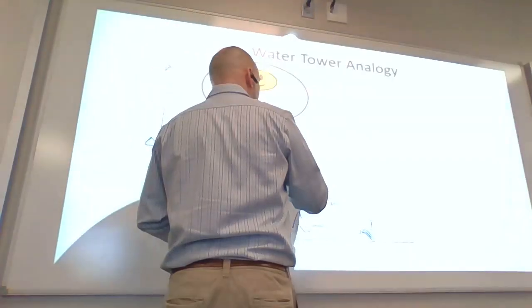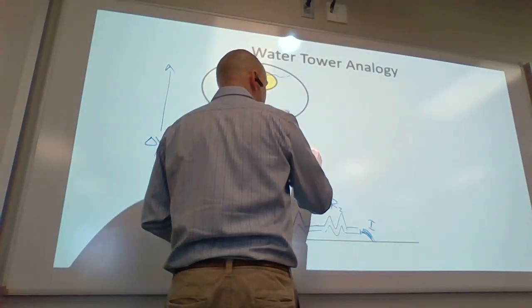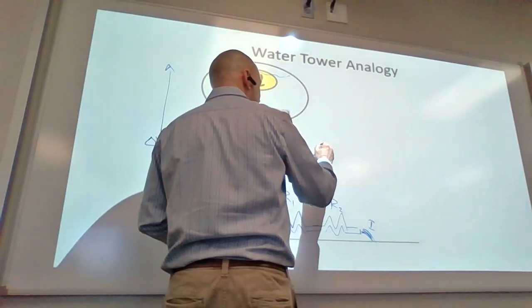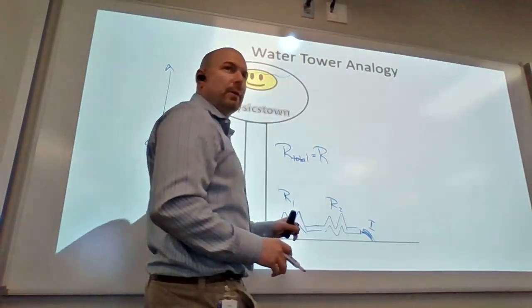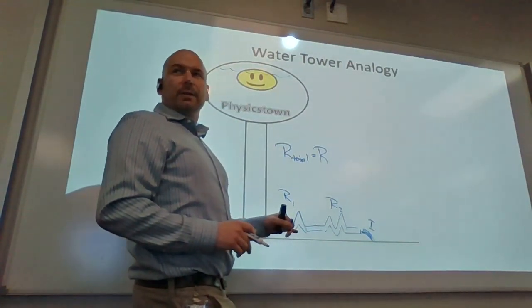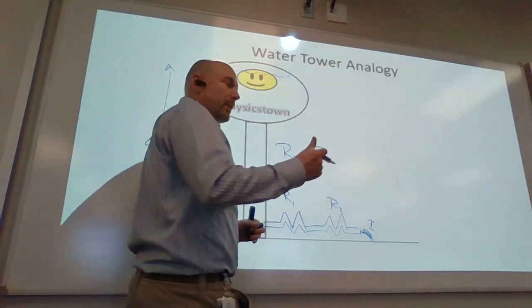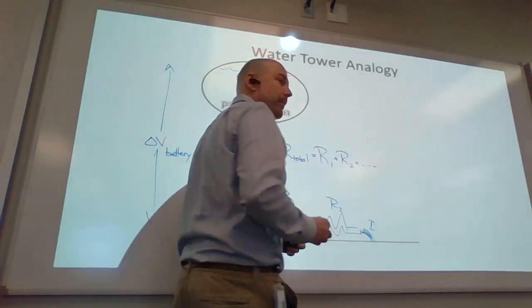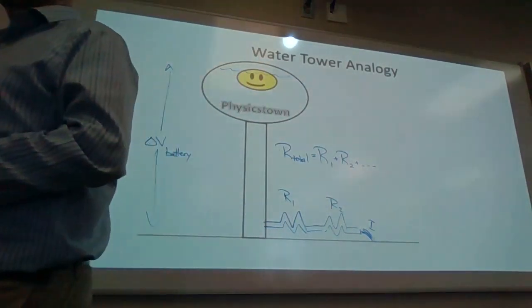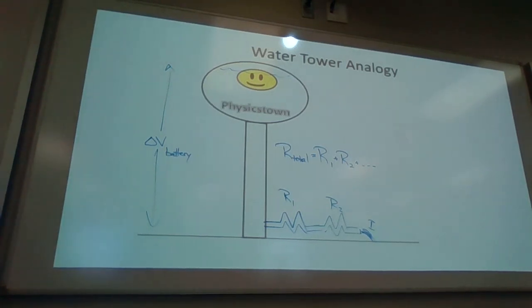So the total resistance in series, what's happening to the total resistance as we add another resistor in series? Increases. We just add them up. Good with that? You found that to be the case in the lab. You add another resistor in series, everything got dimmer.